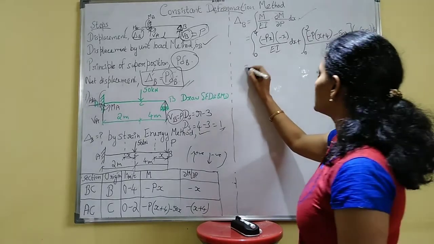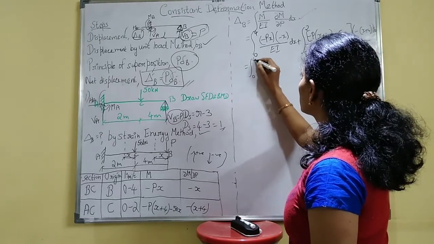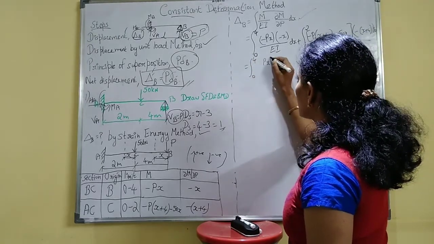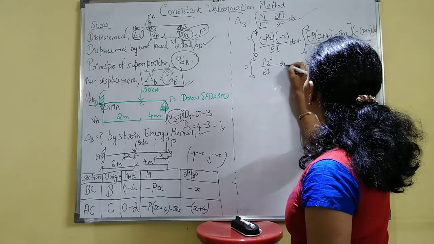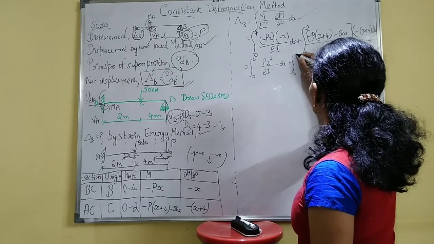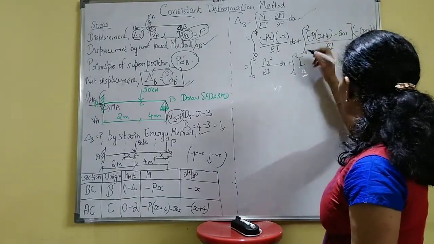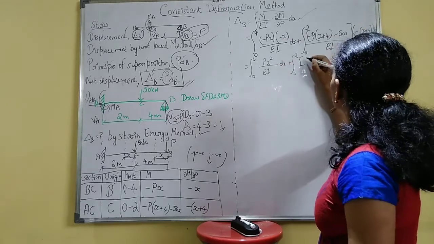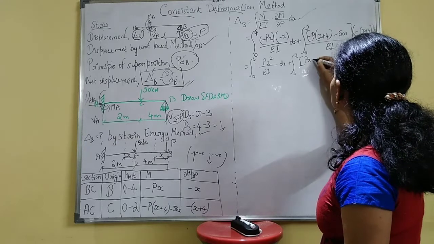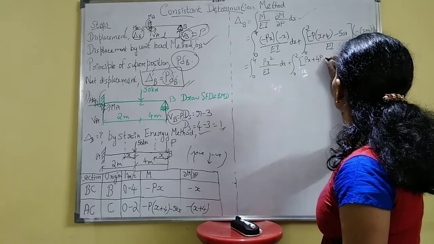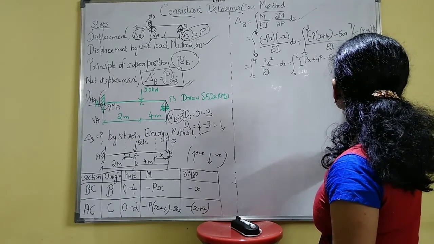Just simplify and get the value of delta B. So here you have 0 to 4, minus into minus is plus, so plus P x square by EI dx, plus 0 to 2. Simplify. Minus into minus is plus, just cancel it. So P into (X plus 4), minus 50 into X, and this will be (X plus 4).